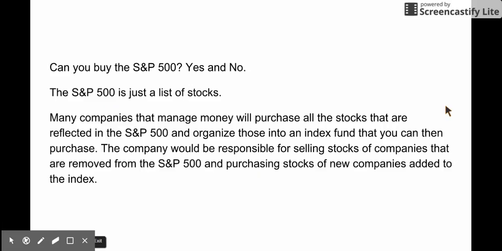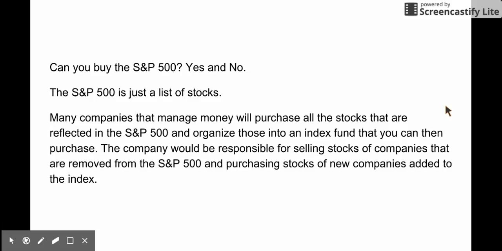So can you purchase the S&P 500? Yes and no. The S&P 500 itself is just a list of stocks. So in order to purchase into the S&P 500, whatever company you have your 401k or Roth IRA or whatever through, that company has to themselves go and build a fund by purchasing all the stocks in the correct quantities to represent the S&P 500.